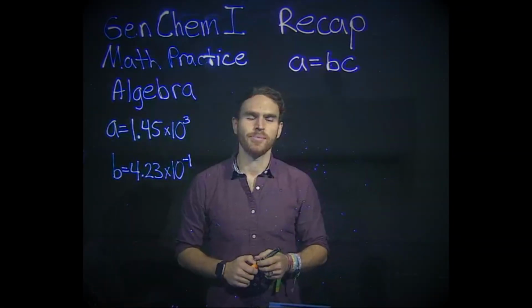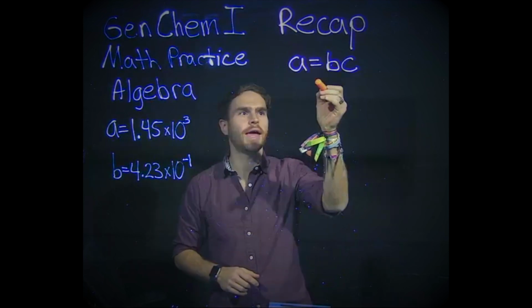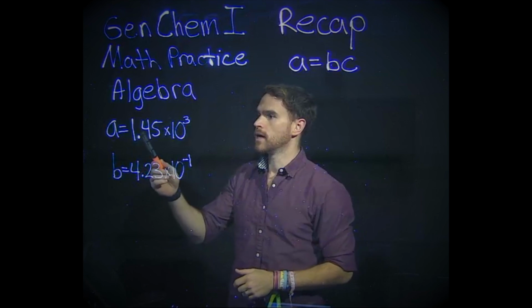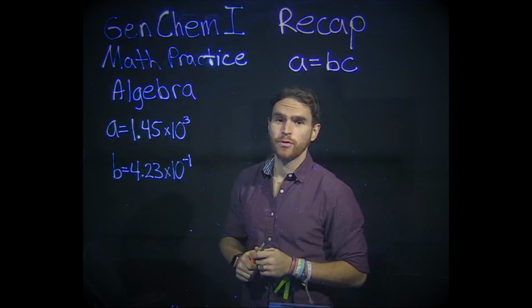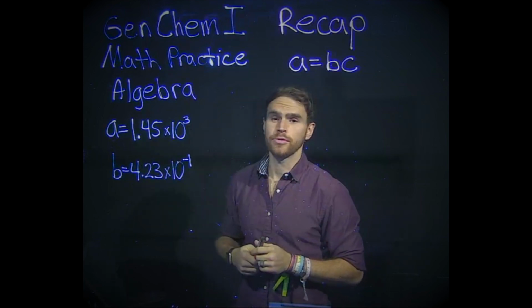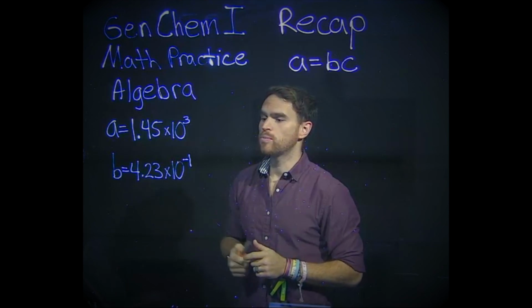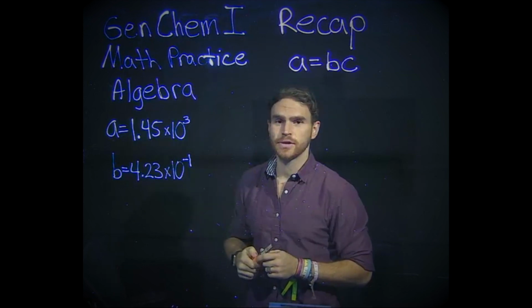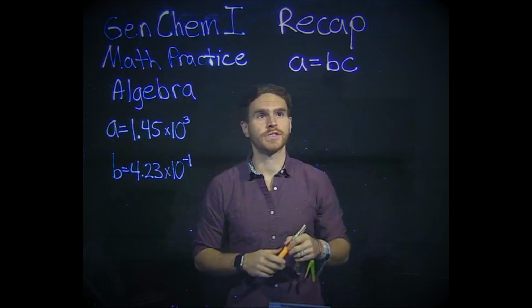Now let's recap. Remember our equation, A equals BC. If we're given real numbers, like A equals 1.45 times 10 to the third, and B equals 4.23 times 10 to the negative 1, both in scientific notation, how do we solve for C?